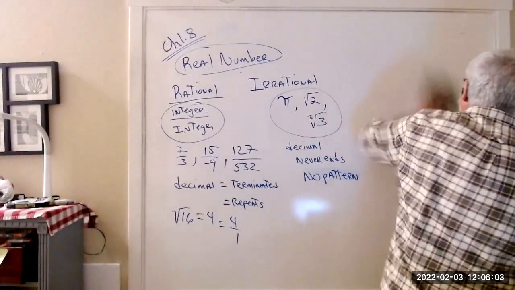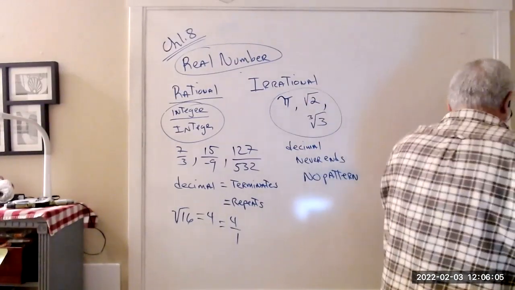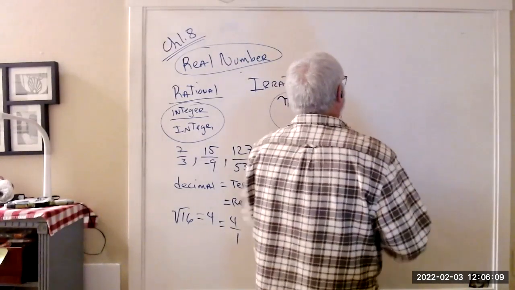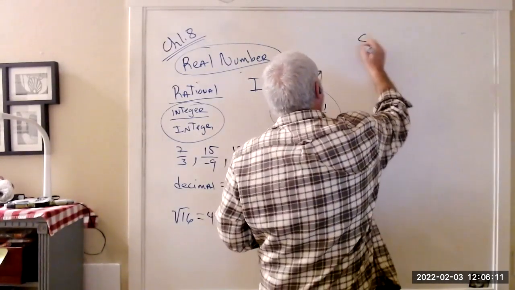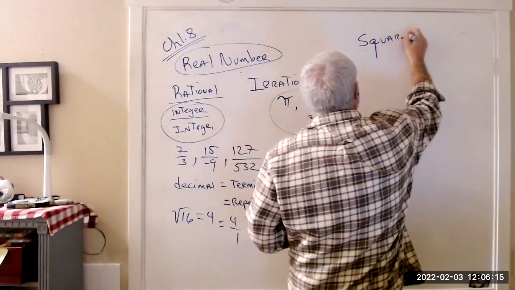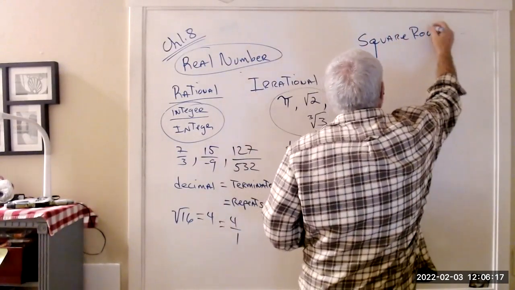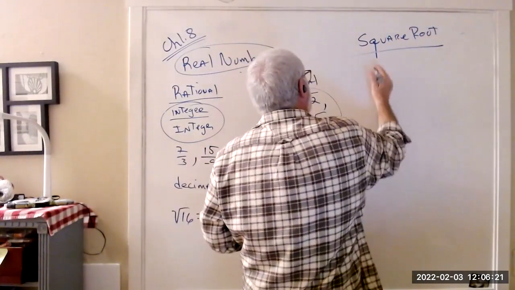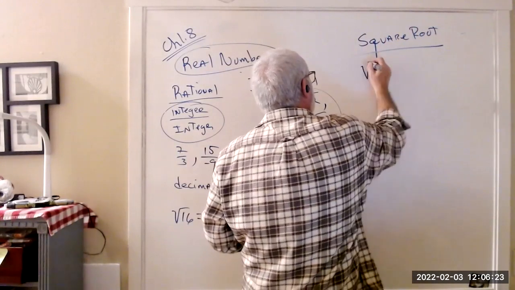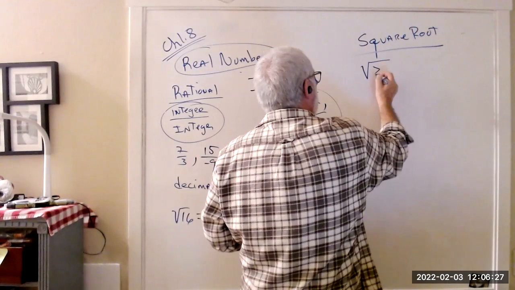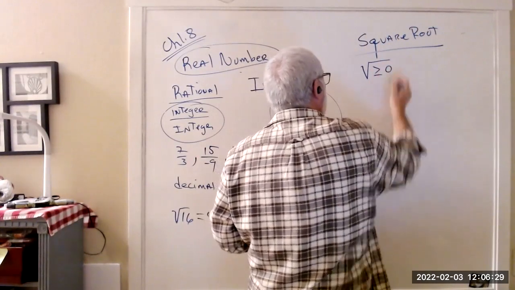For square roots, we'll stick with square roots for now. When you do the square root of something, the inside has to be greater than or equal to 0.